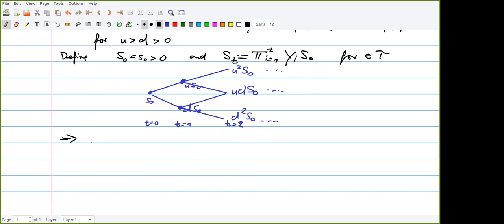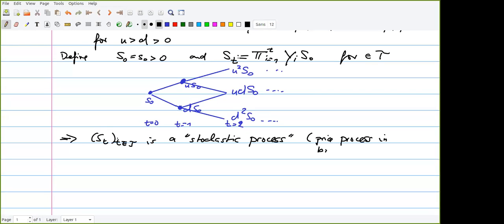So (S_t), t in the time set T, is a stochastic process, and we make this formal with the definition in a second. Just so that you have an example in mind before we go on, this is the price process in the binomial model.